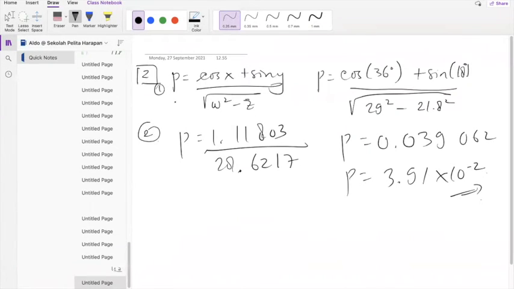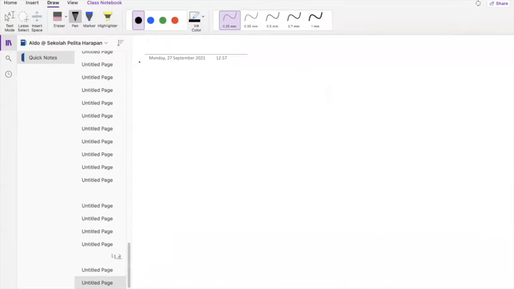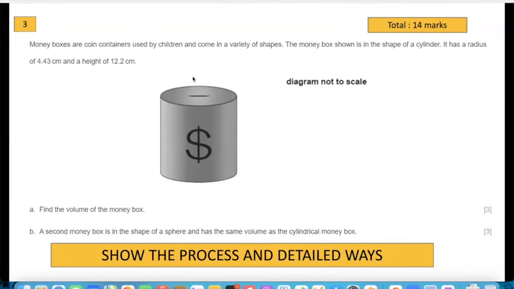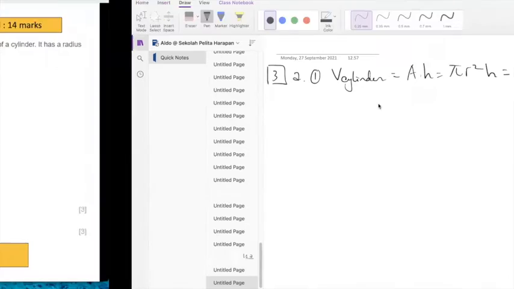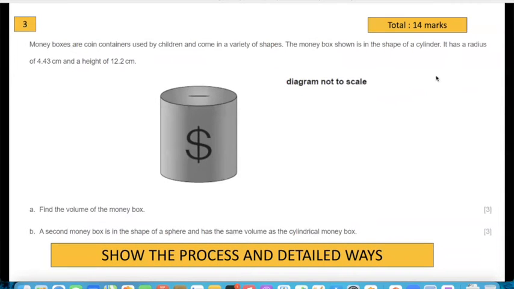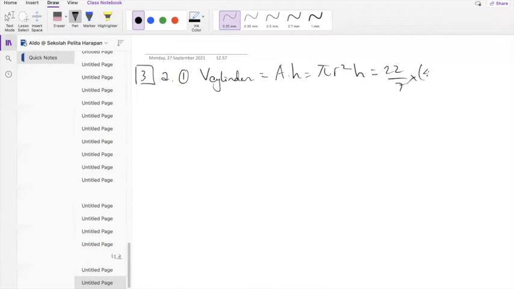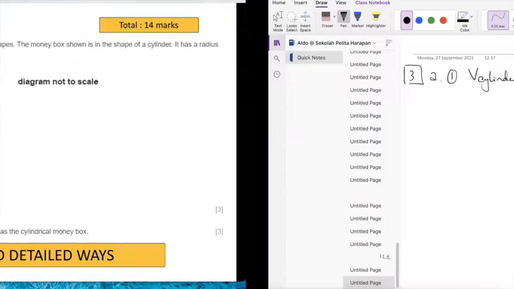This one is easy. What you need to do is only use the concept of volume of cylinder, basically the area times the height. So pi r square times the height: 22/7 times 4.43 square times 12.2.